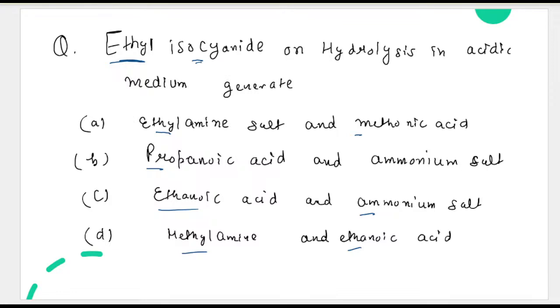Okay, so let's try to understand the question. Let's suppose this is normally our cyanide part. Let's see what is actually happening. Say this is our C triple bond, and in this case we undergo the hydrolysis. The carbon and nitrogen both are present there, so OH may be added here and H positive added here.